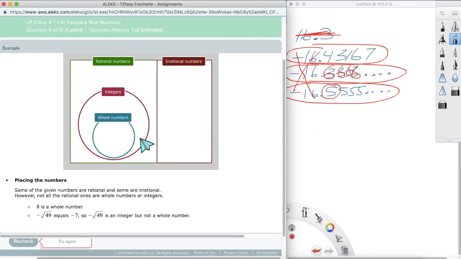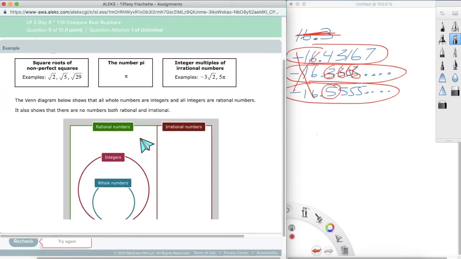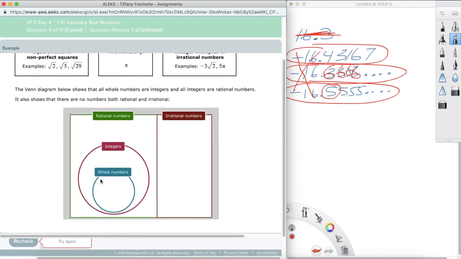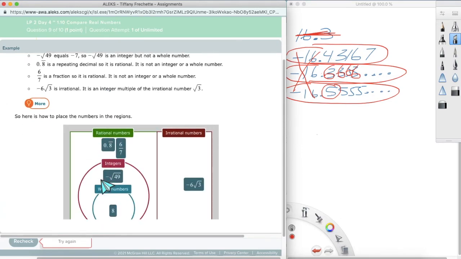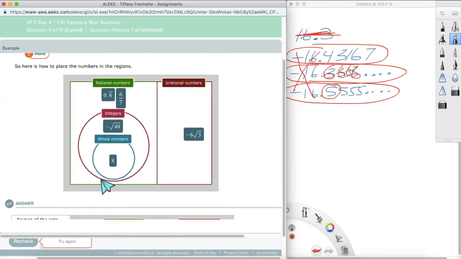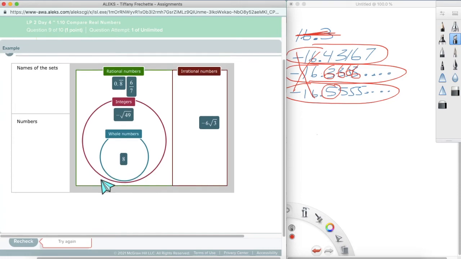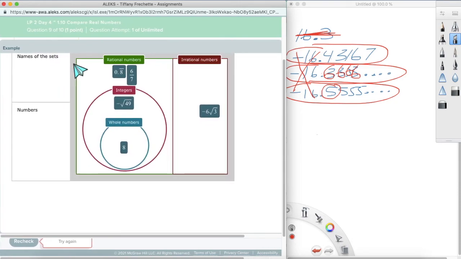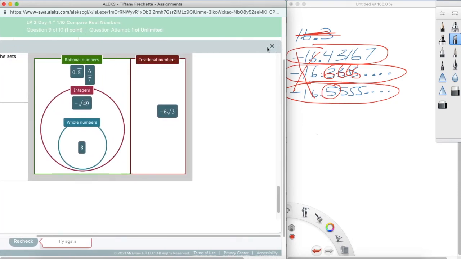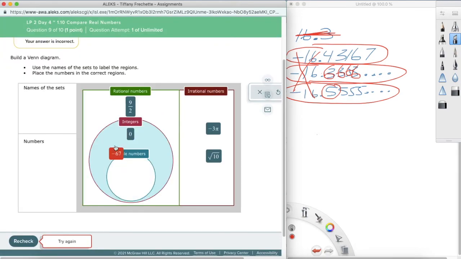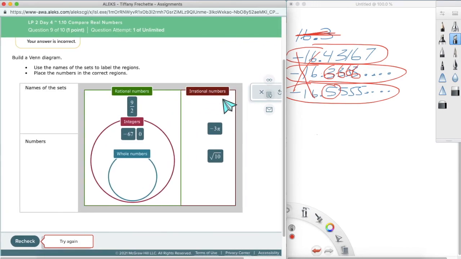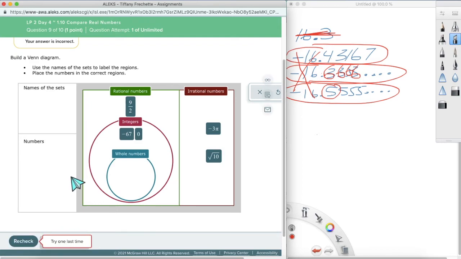No, I put those in the right spots. I wonder if it actually wants this one up here. Let's try again.